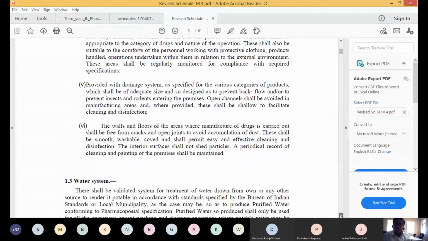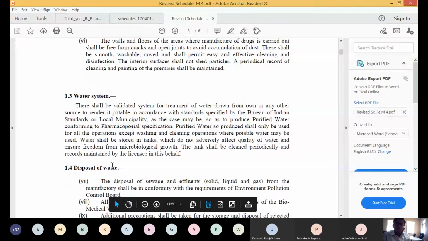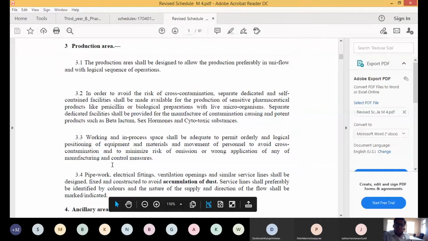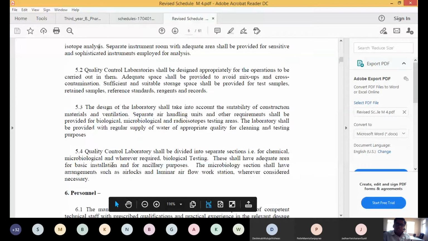Each and every point related to building and location, disposal of waste. So a total of 61 pages are there for this schedule. Quality control area, production area, ancillary area, warehouse area, what is the requirement of that? See, each and every point is elaborated.